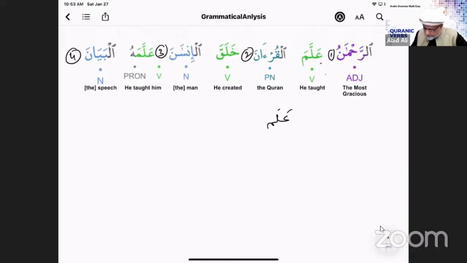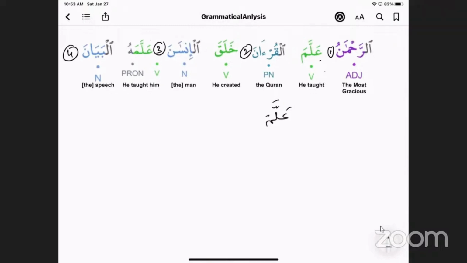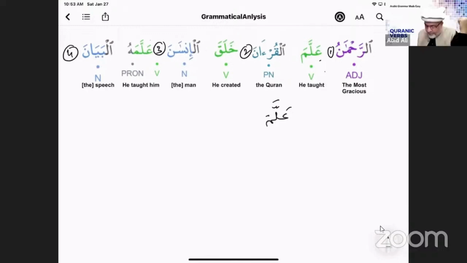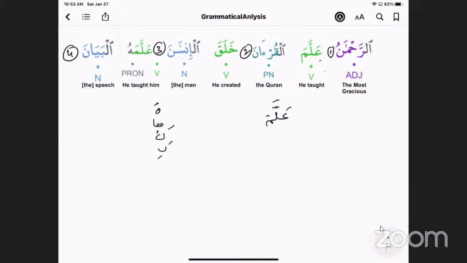Okay, so let's look at this. Allama. Now, can I make this combination with who, ha, ka, ki?